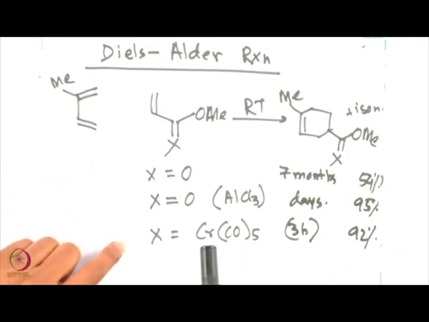Now, this tells you that these chromium pentacarbonyl species are the ones acting more like an ester activated with a Lewis acid. Okay. Of course, that is because chromium pentacarbonyl is much more electron-withdrawing compared to your oxygen atom.